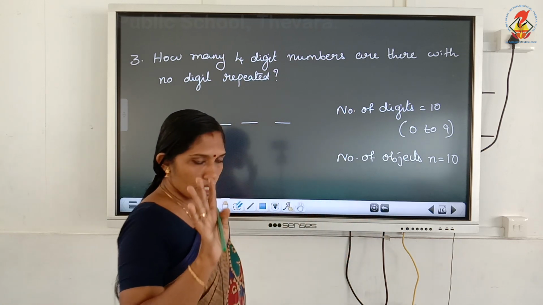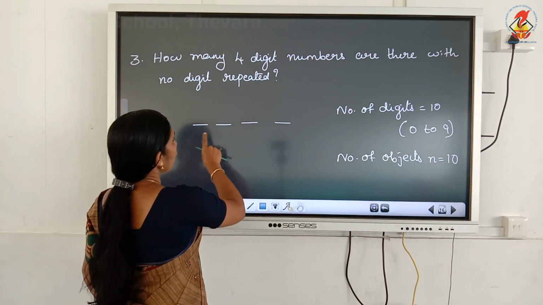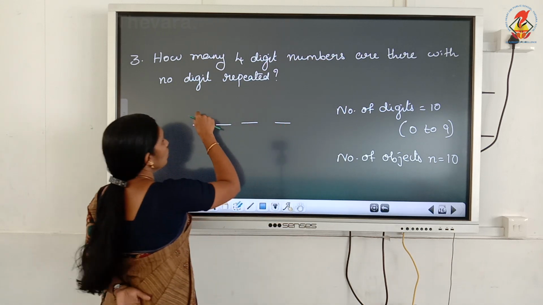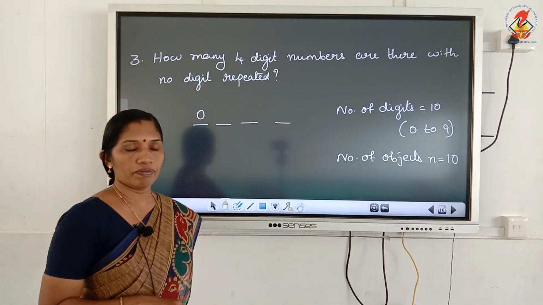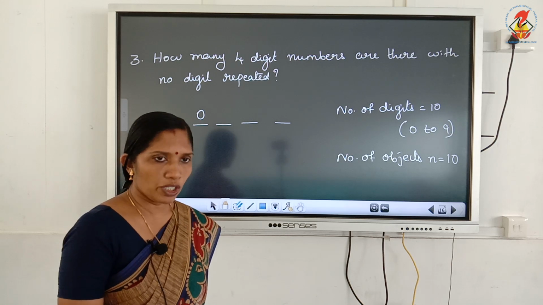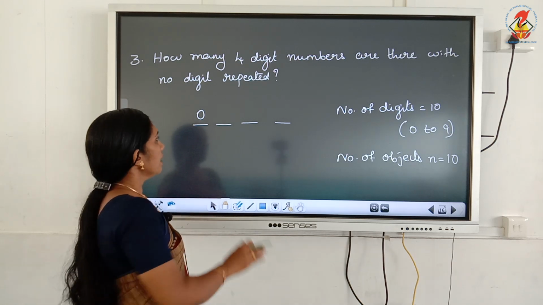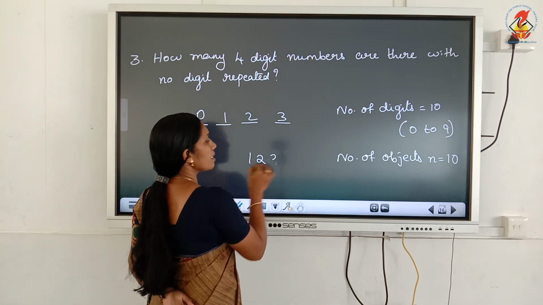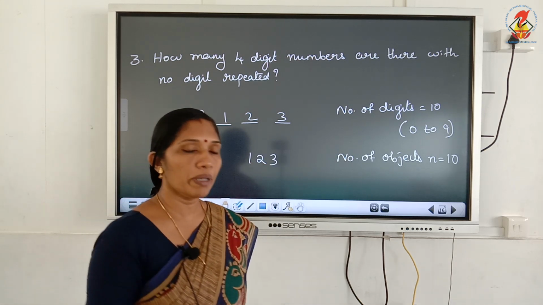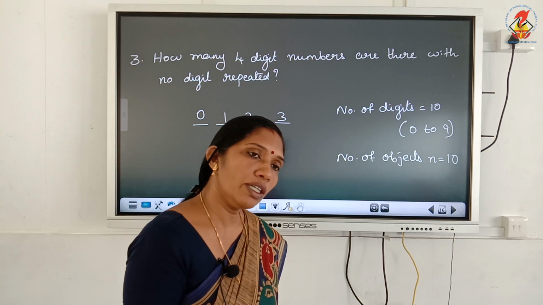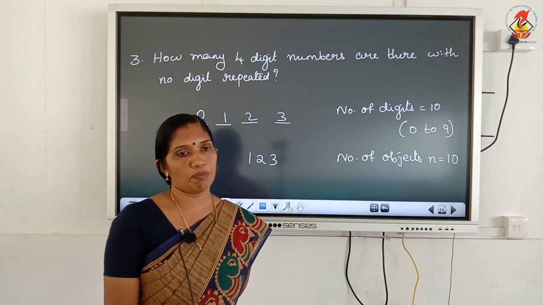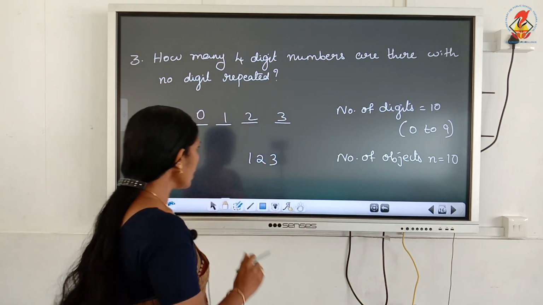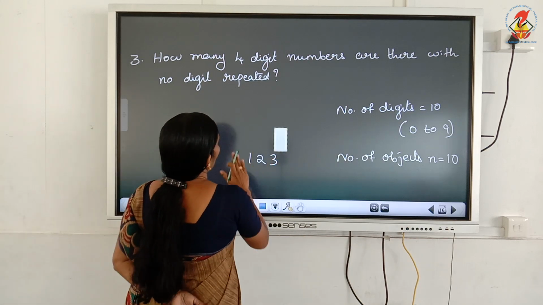That r value is 4, but wait, here there are 4 places. We can't use 0 in the first place. Why? If we use 0 in the first place, then this 4-digit number reduces to a 3-digit number. Then that cannot be a 4-digit number. So we can't use 0 in the first place. Okay, so that is a restriction.